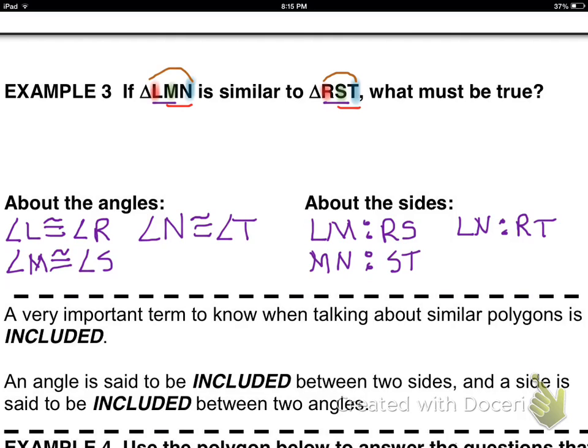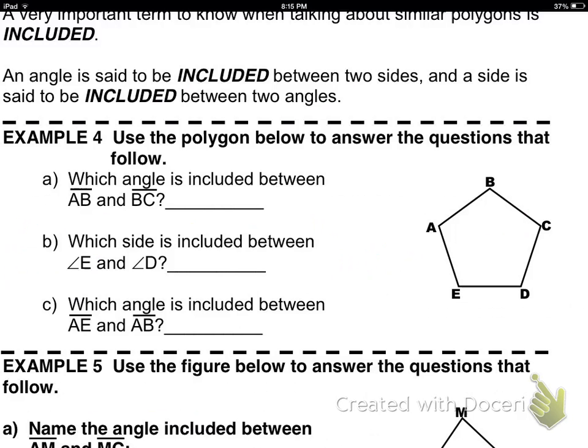Now notice that there is another vocabulary term that we're being introduced to. It says a very important term to know when talking about similar polygons is the word included. An angle is said to be included between 2 sides, and a side is said to be included between 2 angles. Now, what does that mean in particular? Well, let's look at what that means with this pentagon ABCDE.